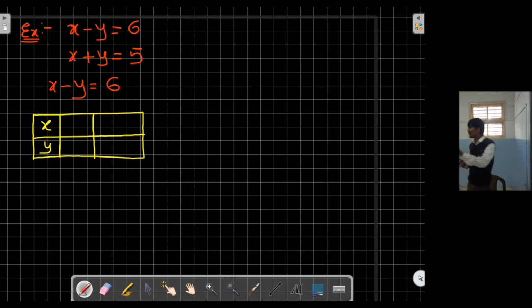To draw a straight line, how many points do you need? At least 2 points. So one time x is 0 and one time y is 0. One time x will go, and one time y will go.